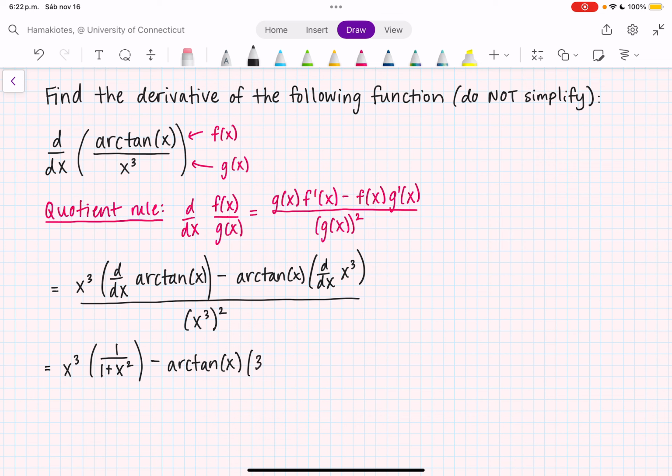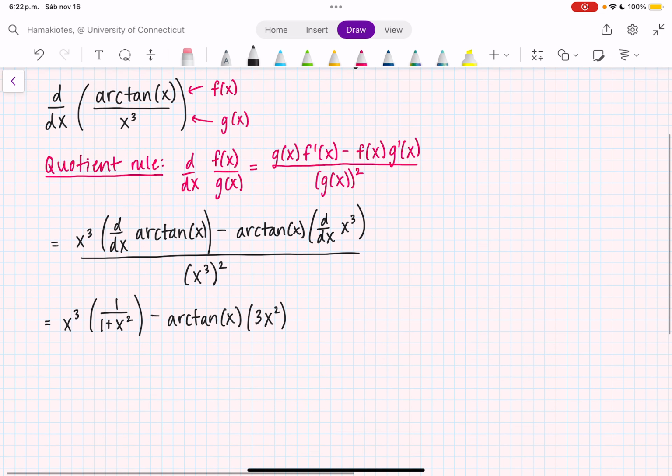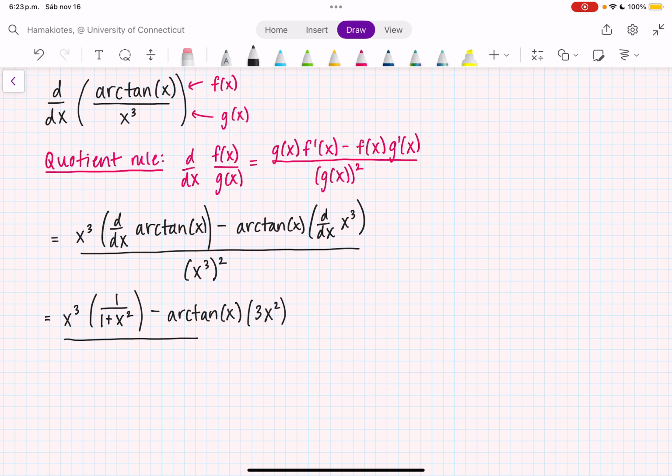So this is going to be 3x squared. And now we have all this over x cubed squared, which is x to the 6th. Great. And we don't need to simplify, so we can just leave it as this for now. And that's how you use the quotient rule.